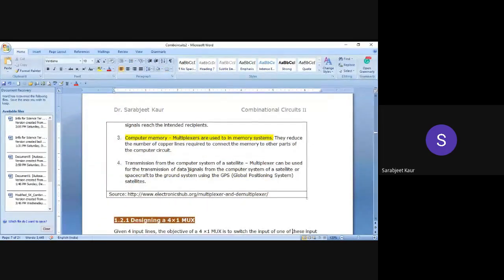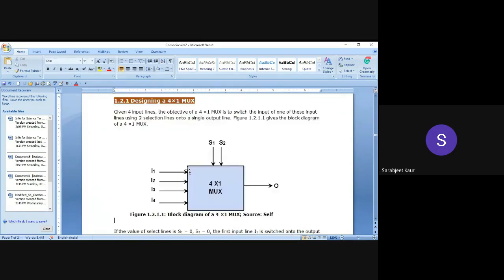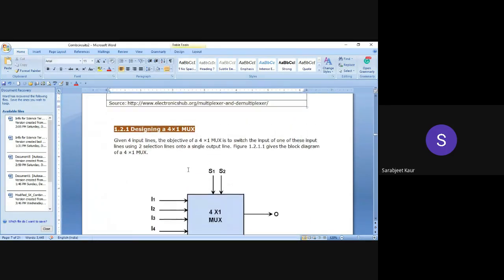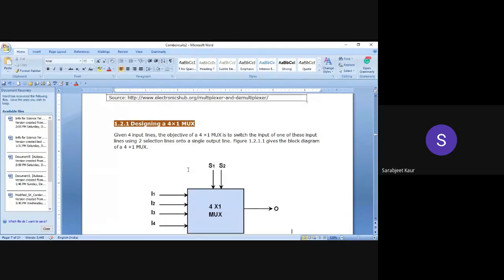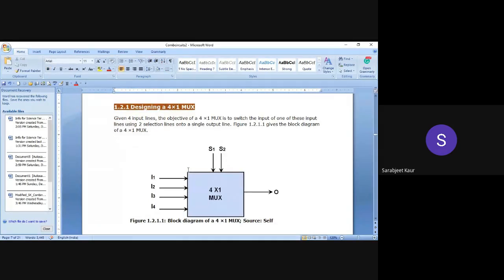When used there, the number of wires required to connect the memory to the rest of the computer system or circuit is reduced. As we had discussed, the fewer the wires, the simpler the circuit, and the easier to debug and understand, and therefore easier to maintain, right?